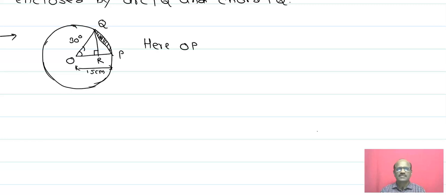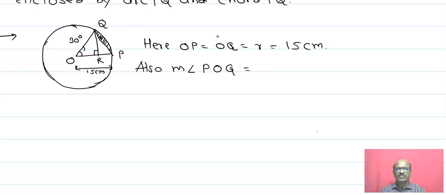Here OP is equal to OQ is equal to r is equal to 15 centimeter. Also measure of angle POQ is equal to 30 degree.